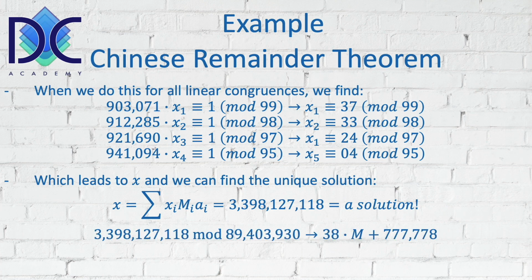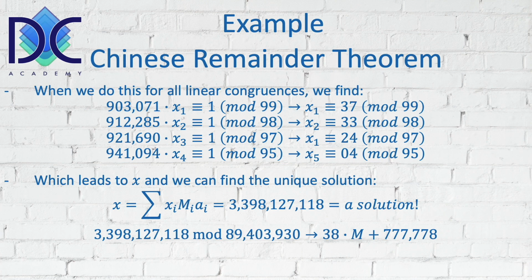So what we can say, that we find here 3,398,127,118 modulus 89,403,930.